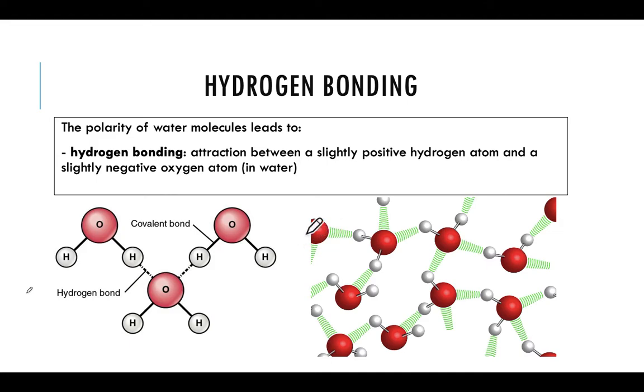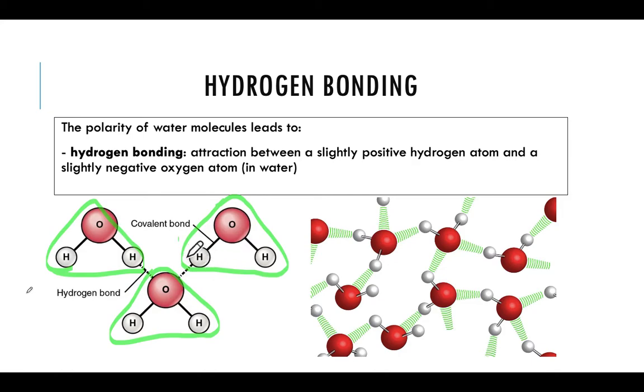Hydrogen bonding occurs between water molecules. So if you look at this diagram, we've got a water molecule here, and a water molecule here, another one over here. Inside that water molecule, you have these strong covalent bonds between the hydrogen and the oxygen.